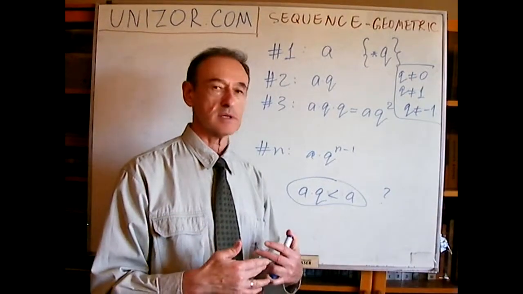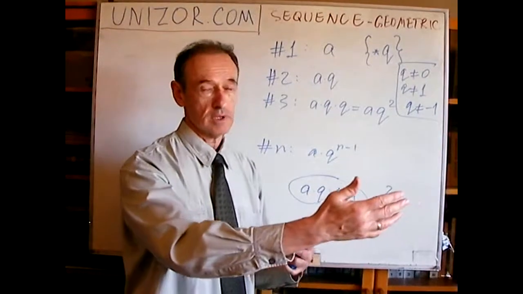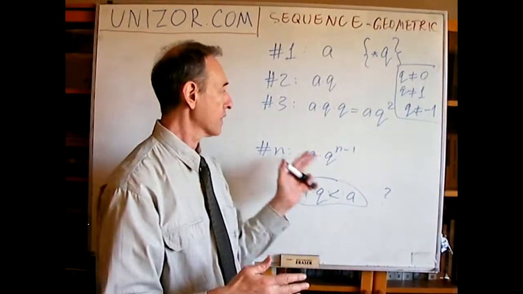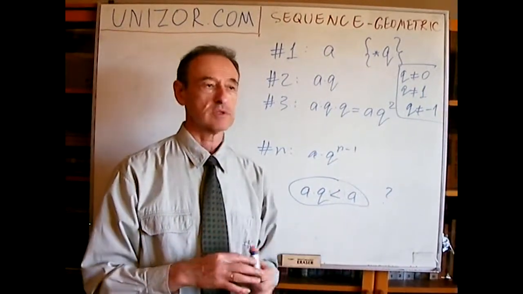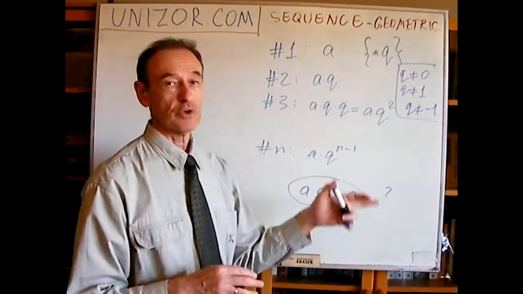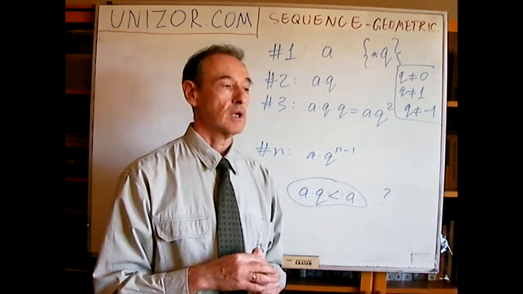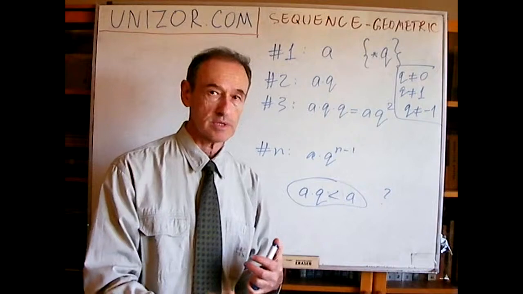In some cases, the geometric progression is growing, and growing indefinitely in absolute value, or if we consider only positive a and q, you can just say in values. It grows to positive infinity. But for other q's, which are less than 1, still positive, the situation is different. The values are decreasing.